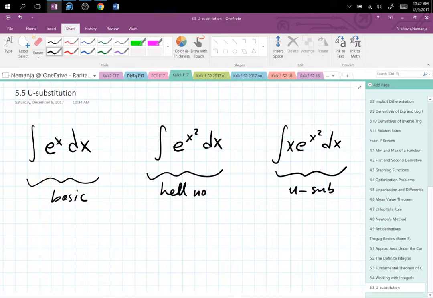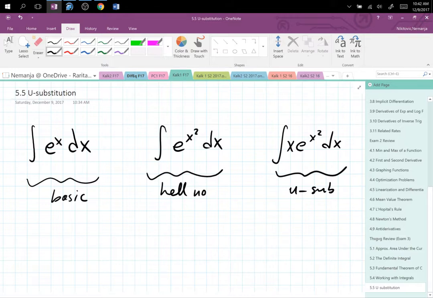So there is a function derivative pair present in the last problem, and we can use U-sub. There is actually a function derivative pair present in the first one as well. What's the derivative of x? 1, right?